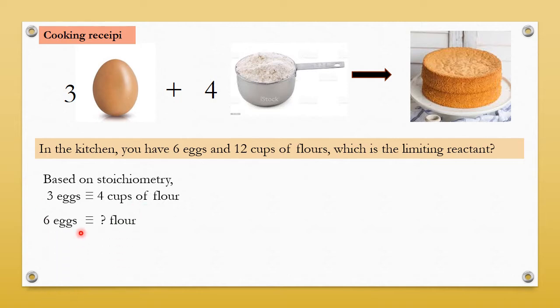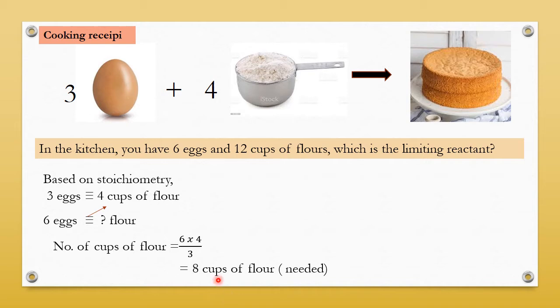If I have 6 eggs, how many cups of flour are needed? We do the cross multiply: 6 multiplied by 4 divided by 3. So I will need 8 cups of flour.